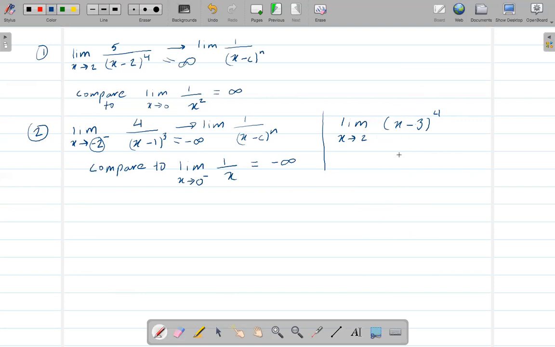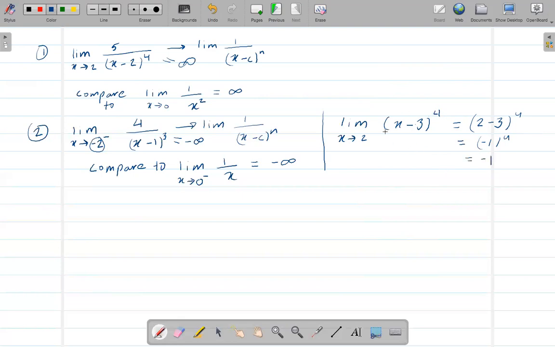In this case, we can easily see the answer, right? When x goes to 2, this is 2 minus 3 to the power 4, which is -1 to the power 4, which is -1.